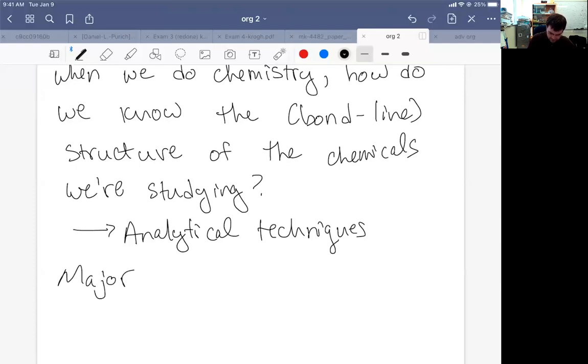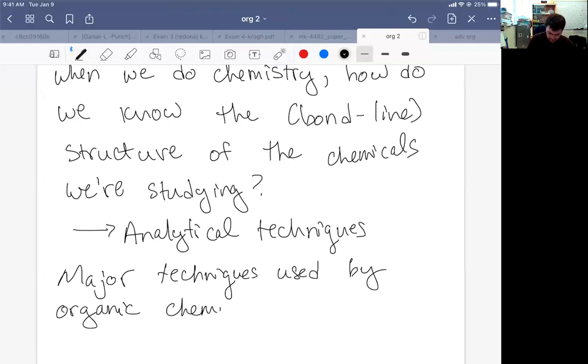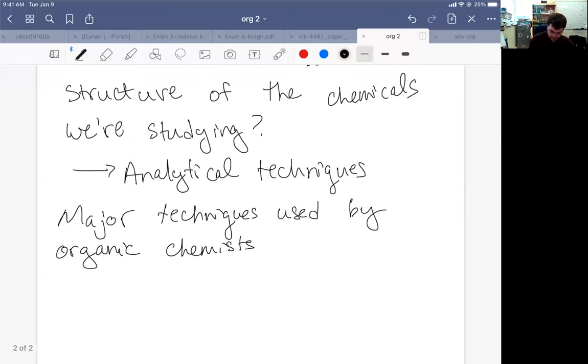If we get into the major techniques used by organic chemists, they are mass spectrometry.